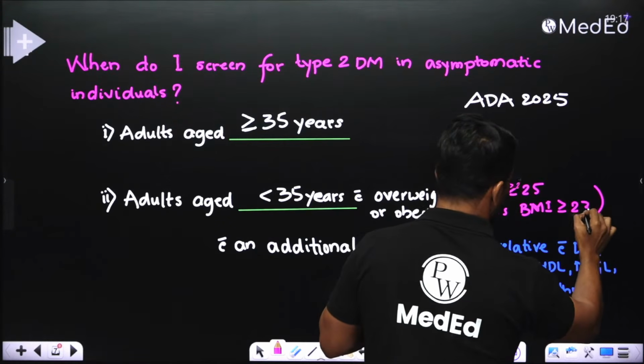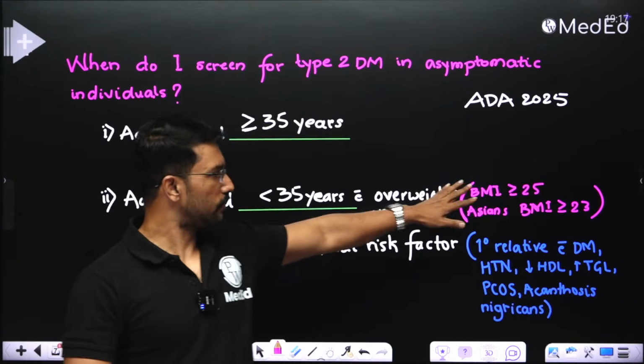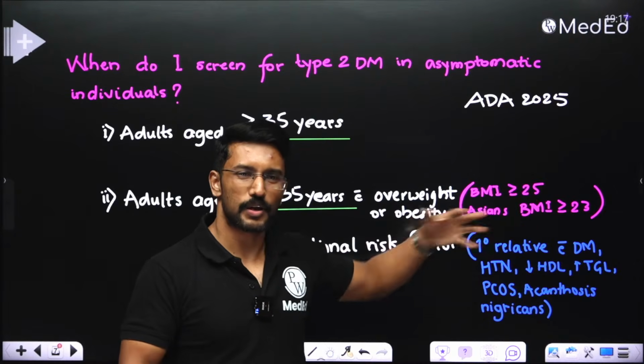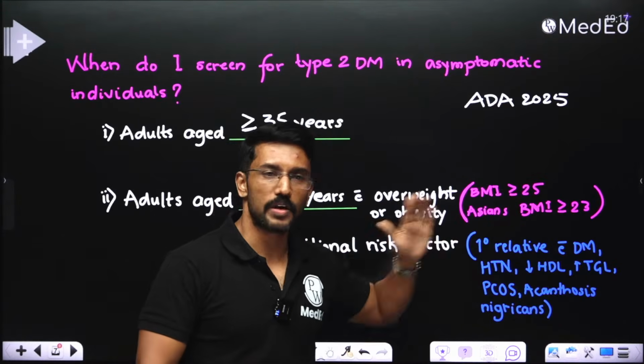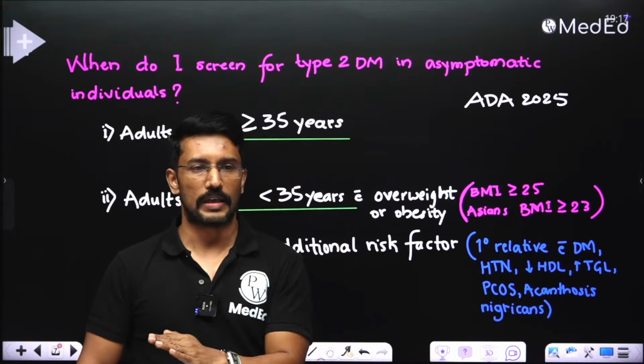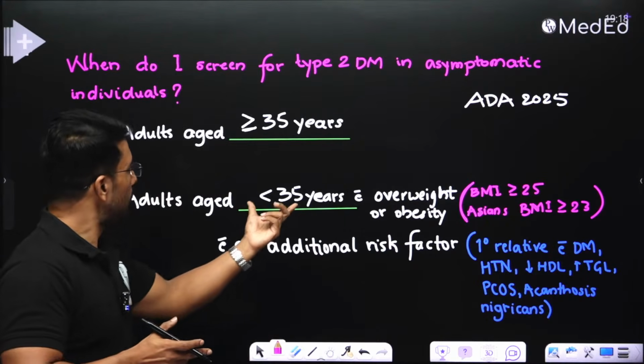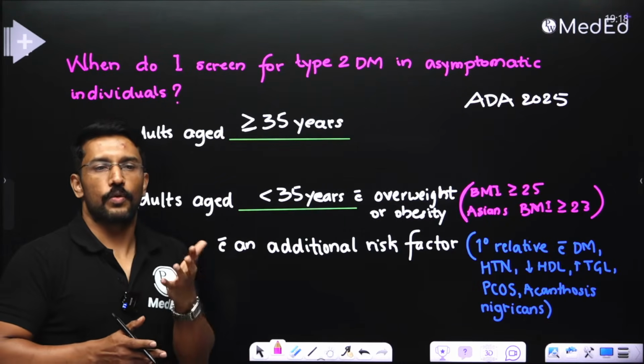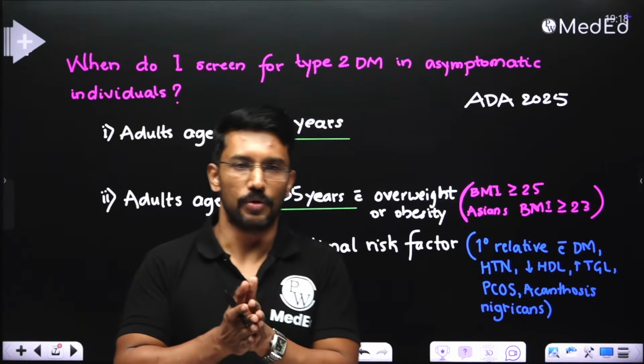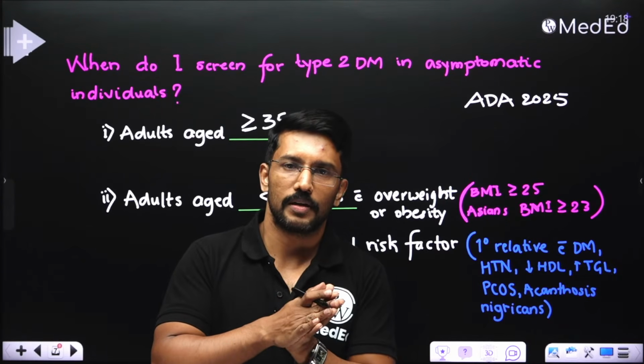But for Asians including Indians, once our BMI is more than or equal to 23, we should start screening those patients for diabetes even before 35 years of age. So one of you may say, sir, I am just 24 years old and my BMI is 26.